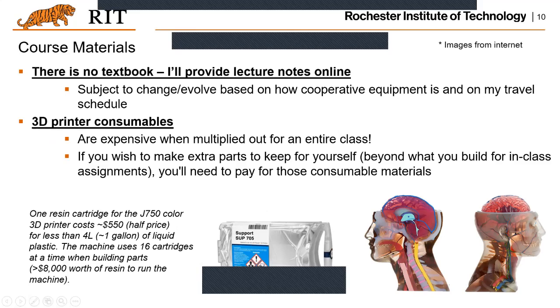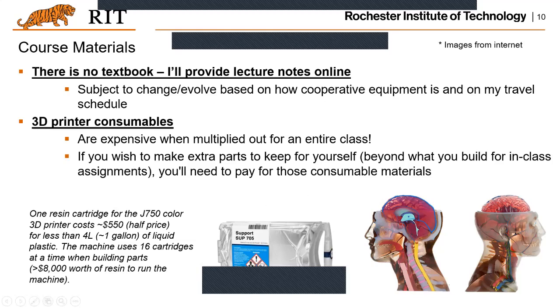And for the 3D printers, you have the freedom to prototype what is required for the lab sessions, as well as some of the designs for your course project. And besides the J750 color printer, you should be able to use all the rest in the 3D printing lab.